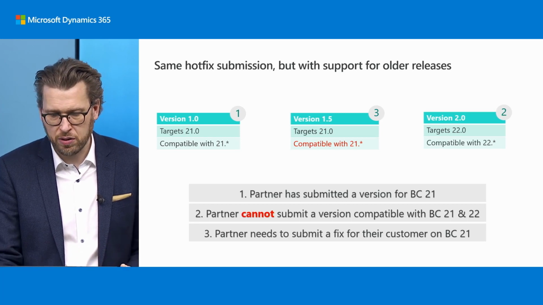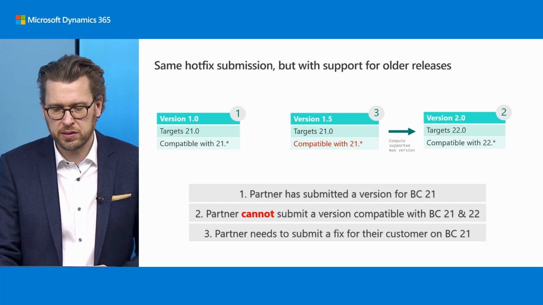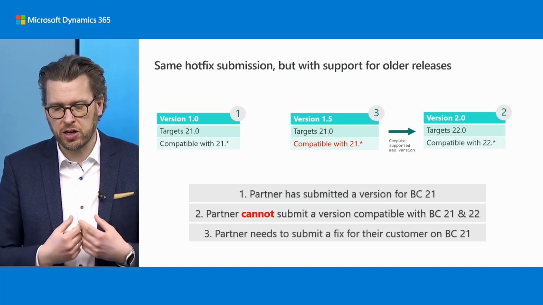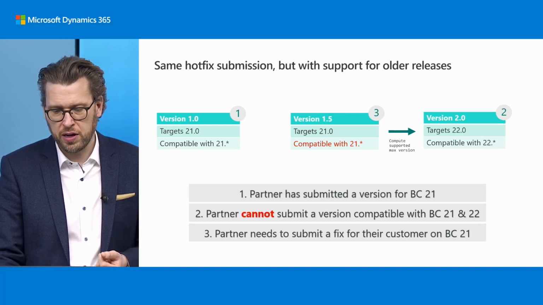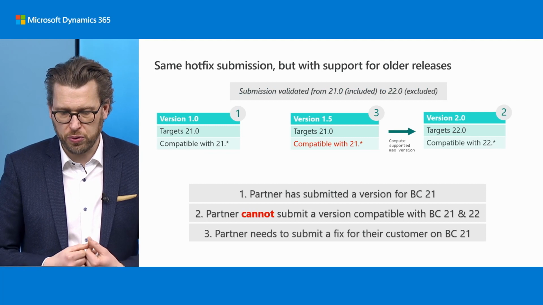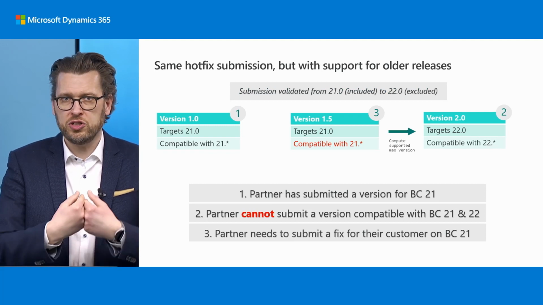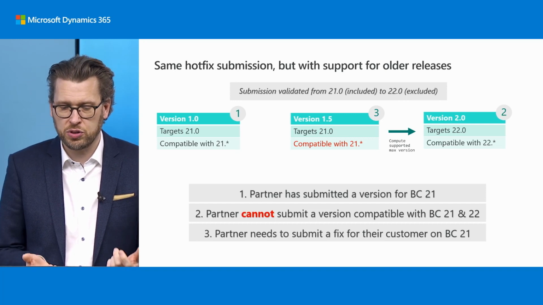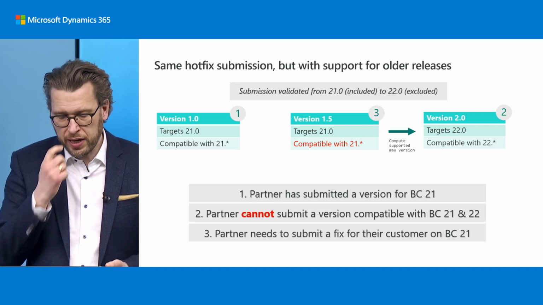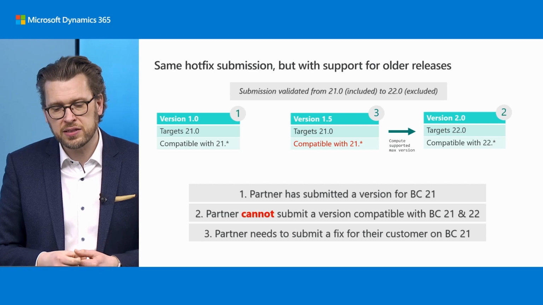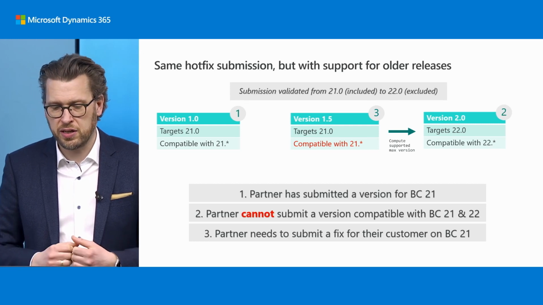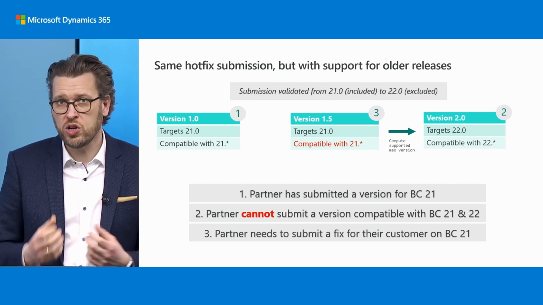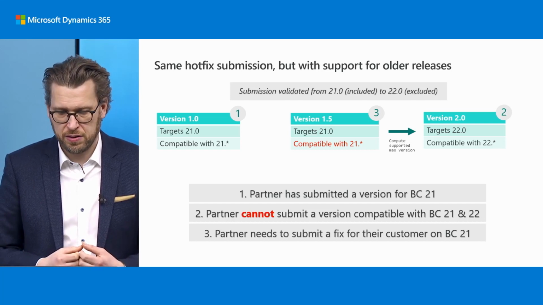But what happens now? When you now submit this, we will actually look at this and compute the max version that your hotfix app supports. And we will then use that in our validation and say that, okay, we validate now this new hotfix app, but we are excluding validating it against the next major here, the version 22, because we know it's not compatible with that, right?